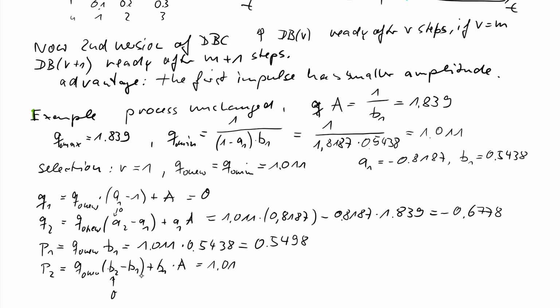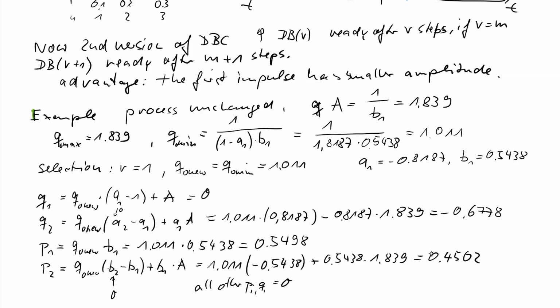So this is 1.011 times negative B1, negative 0.5438, plus B1, 0.5438, times A, 1.839, gives 0.4502. Okay, and all other Pi, Qi are 0.